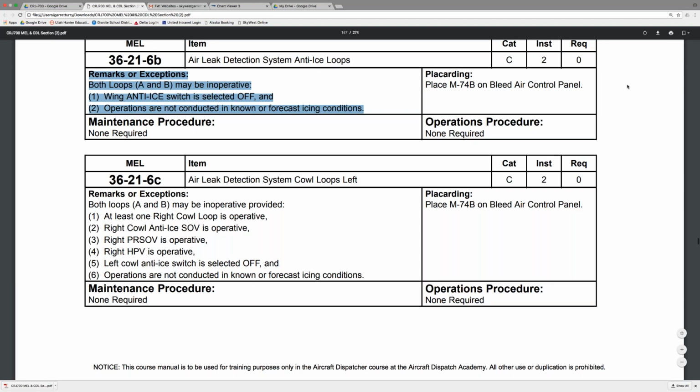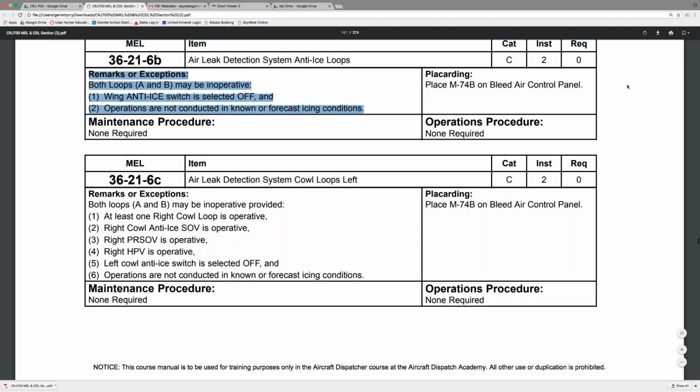Those are the two big ones, right? Yeah, those are the big hitters that we see with the bleed air system. Okay.